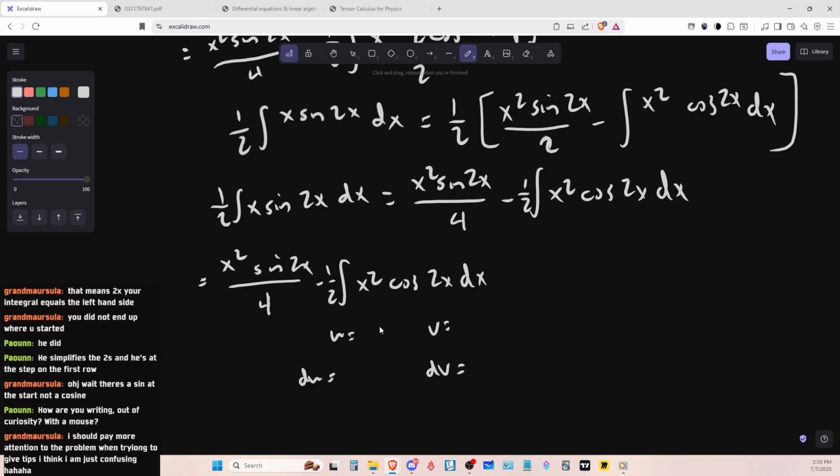It's unfortunate that the term next to the x squared is not 1 plus cosine 2 or 1 minus cosine 2, because then we can basically change it up easier, but I don't think that's gonna help.